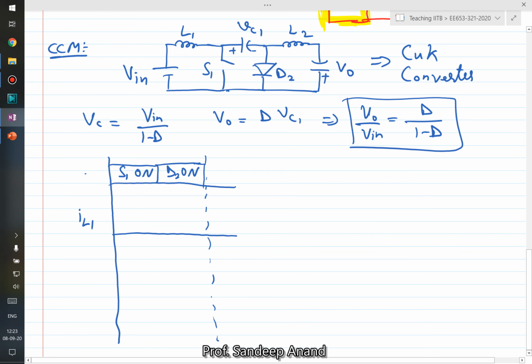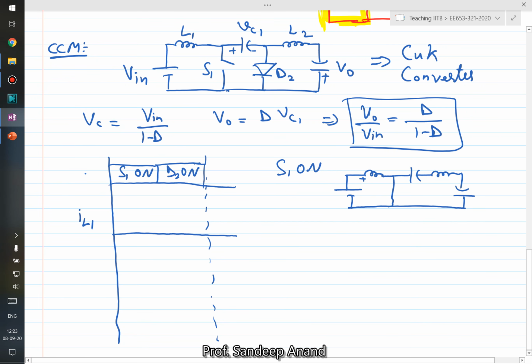So now if I draw IL1, when S1 is on, this is the equivalent circuit. You have an input voltage, you have an inductor, you have a short here, right? Now VC2 polarity would block D2, and therefore you have this circuit, and the diode D2 is off, right?